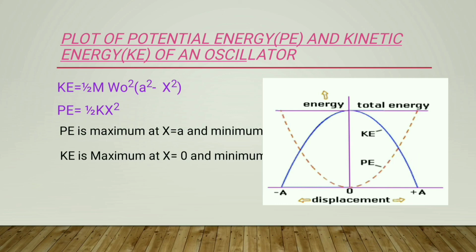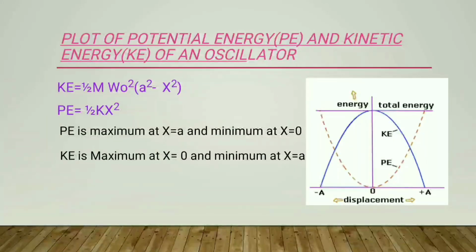And we can see from the graph that both kinetic energy and potential energy are equal at the middle point. In short, we can say that potential energy is maximum at x equal to A and minimum at x equal to 0. Kinetic energy is maximum at x equal to 0 and minimum at x equal to A.